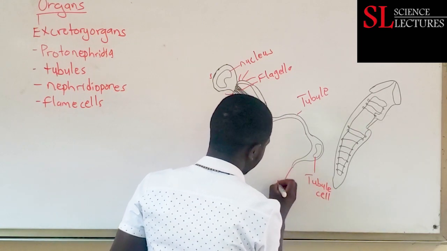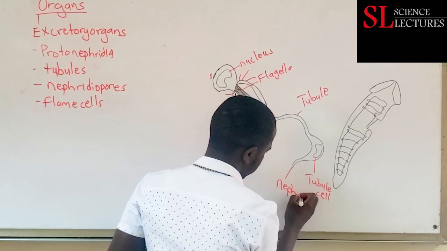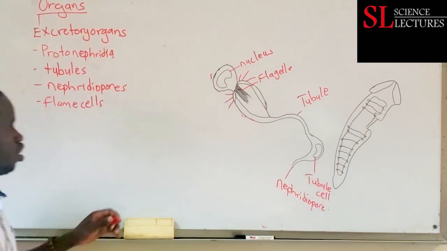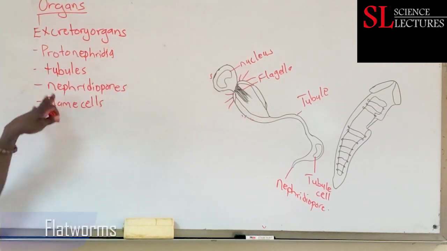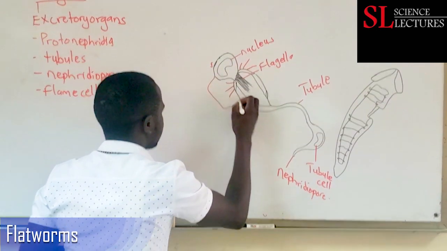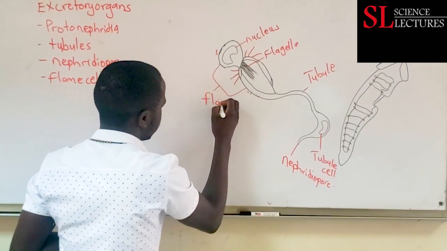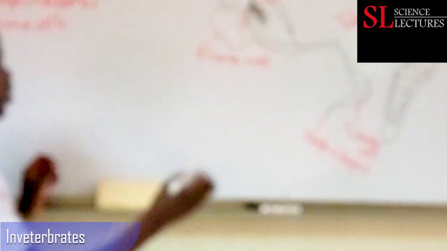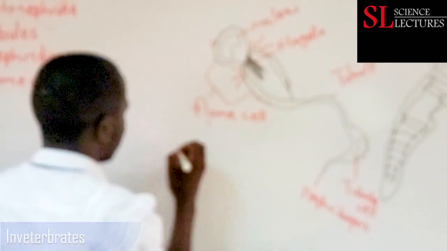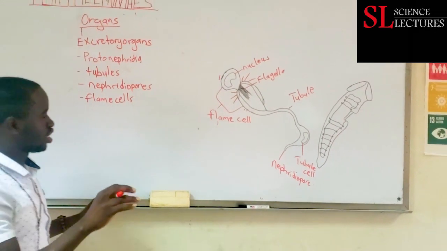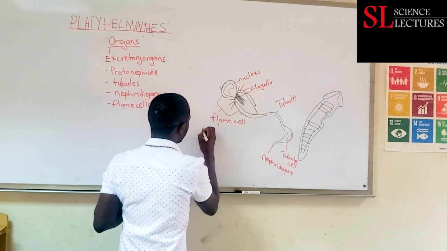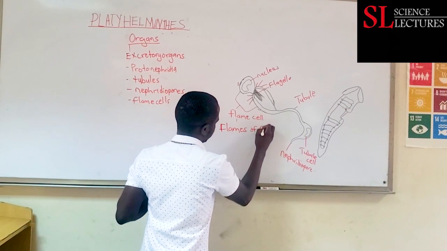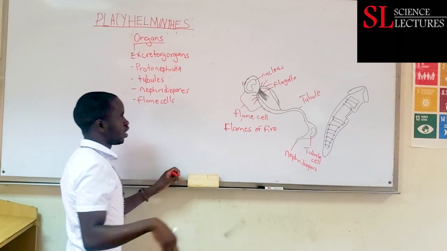Each tubule cell has its own nephridiopore. From here to here is what we call a flame cell. It is called a flame cell because the flagella at the base generate currents that look like flames of fire. That's why they are called flame cells.